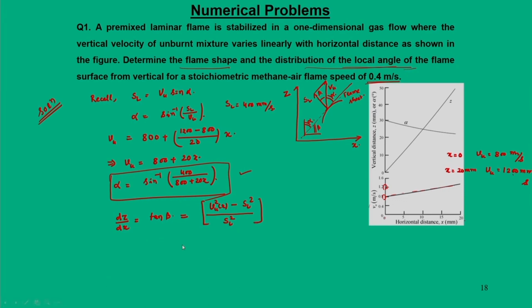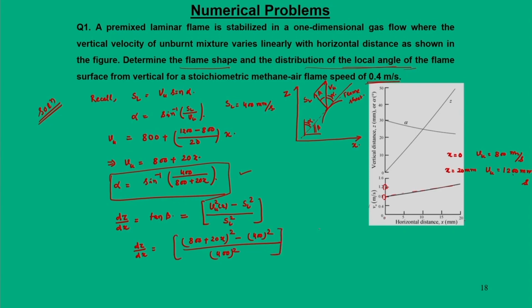Then we know Bu is 800 plus 20x and SL is 400 millimeter per second. So, you can write this equation as dz by dx as (800 plus 20x) whole square minus SL square, 400 square, divided by 400 square.